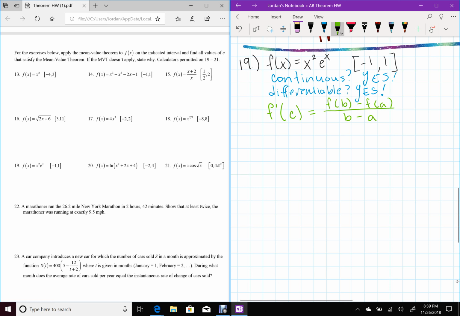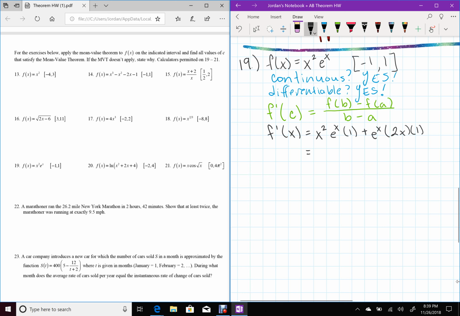So we need to find out what f prime of x is. To do that, we need product rule. So we do first, and d second is just e to the x times 1 because the derivative of x is 1. And then we need to do second, d first, which is 2x, and then chain rule tells us it's times 1.